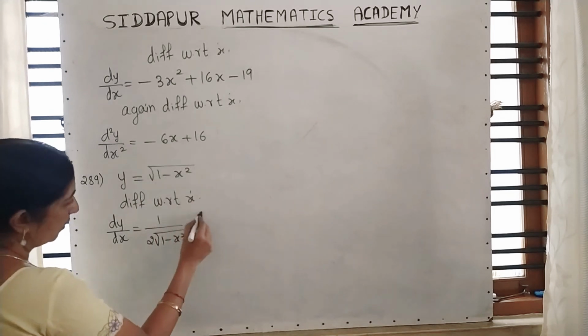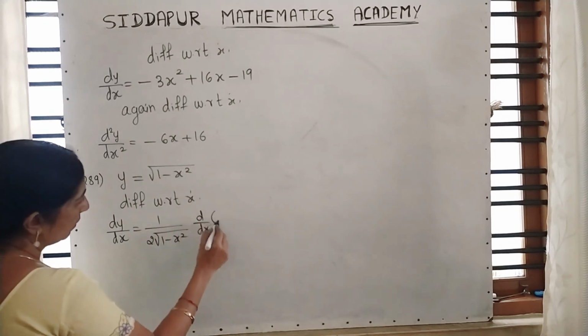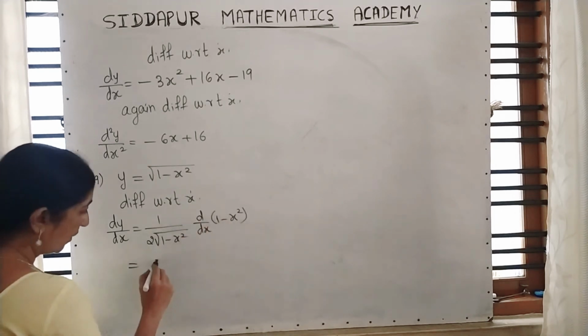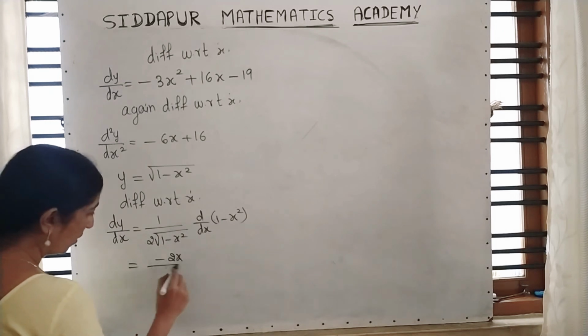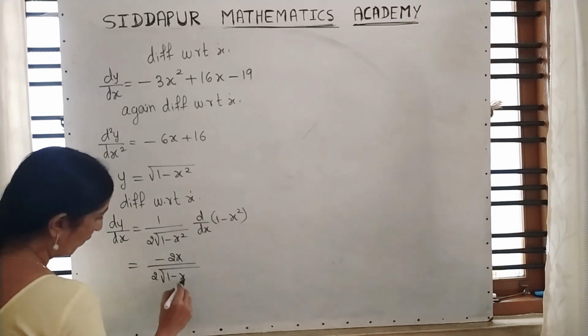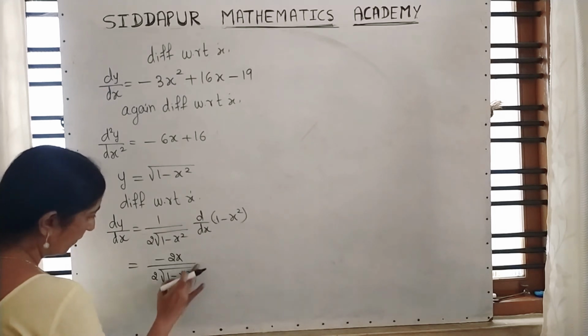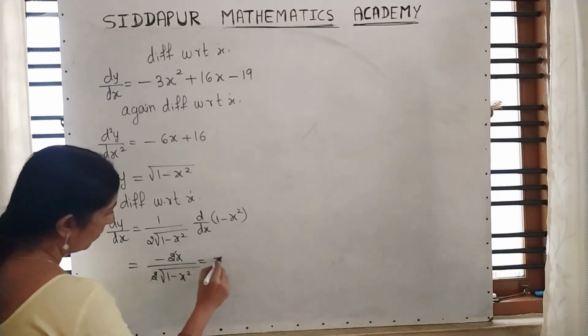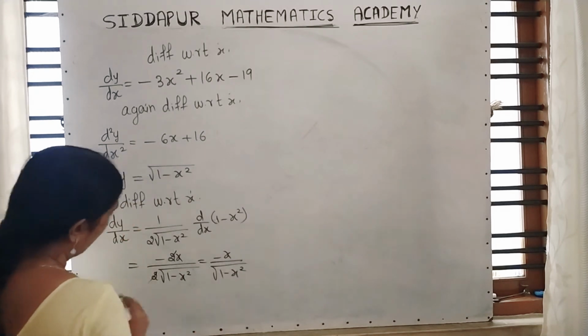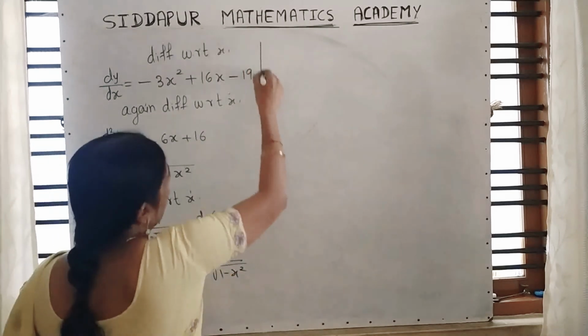First root, chain rule, into differentiation of 1 minus x square. Differentiation of 1 minus x square is minus 2x because 1 is 0. 2 upon root of 1 minus x square. 2 gets cancelled, minus x upon root of 1 minus x square. This is dy upon dx.